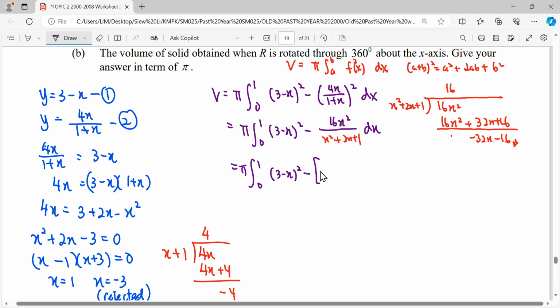So the quotient for this long division will be 16, and the remainder will be negative 32x minus 16 over the divisor x squared plus 2x plus 1, dx. Then we simplify some more: the negative can be taken out, and negative times negative becomes positive.